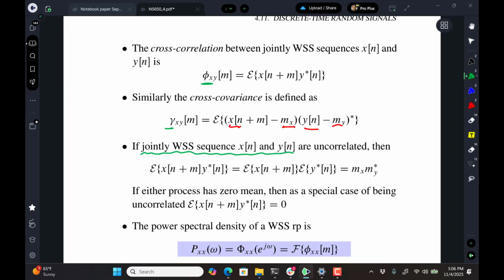Then when we find the expected value for the cross-correlation, if they're uncorrelated, we have this statistical property that the expected value of the product is the product of the expected values. And this was something from when I taught random variables, or probability and stats for undergraduate ECE.